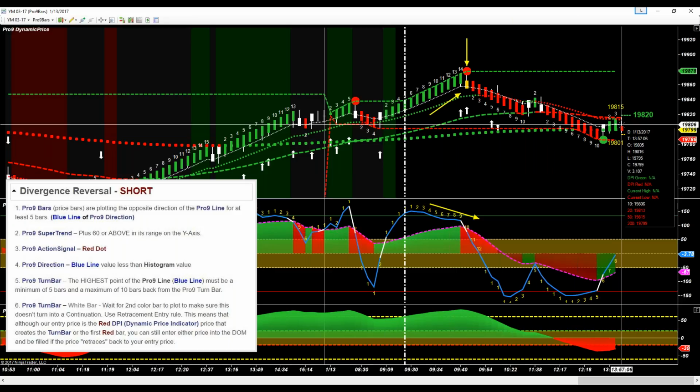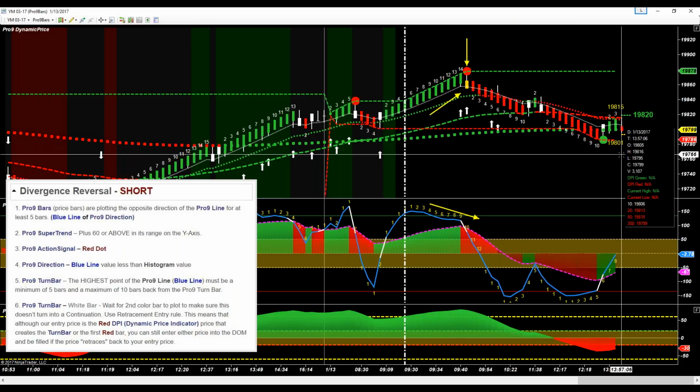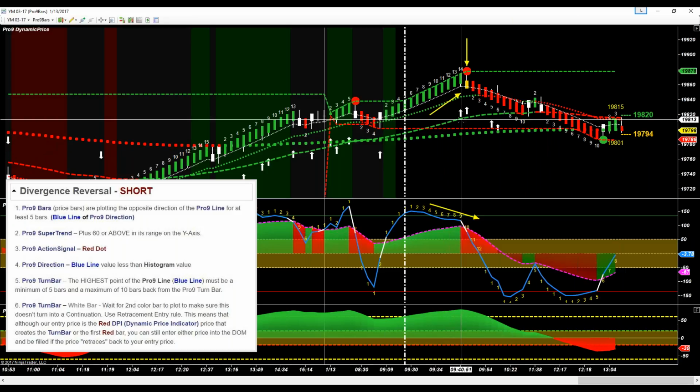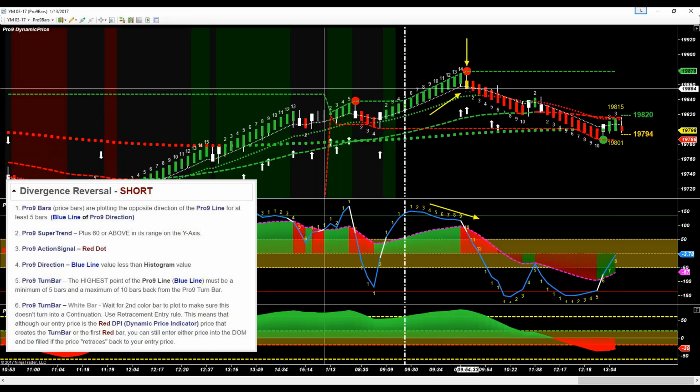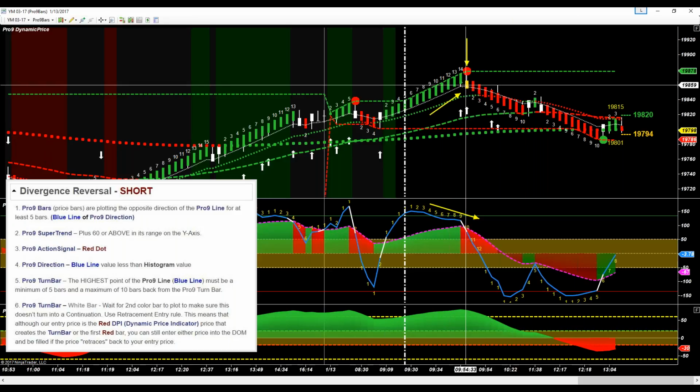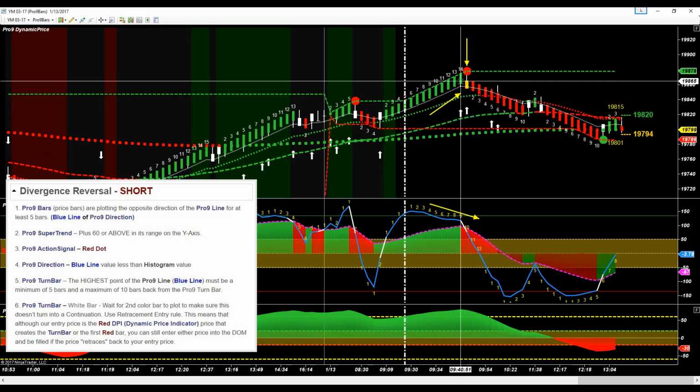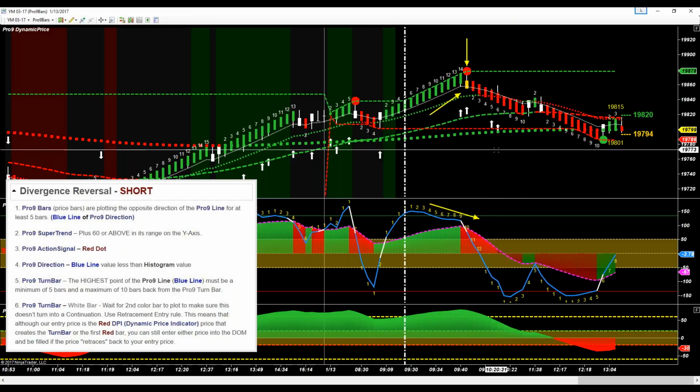If I try to check the DPI on this bar, it's not applicable because it's not created yet. So that's why when you look back historically and you want to know what the DPI price that may have been your entry price for a turn bar, you just want to check the bar before. So sorry for any confusion there.